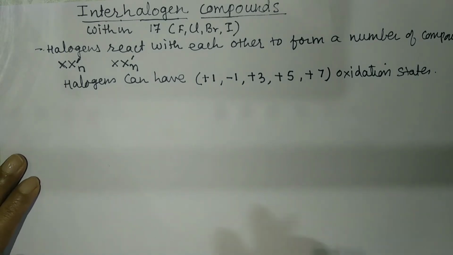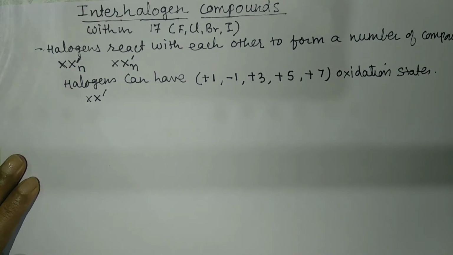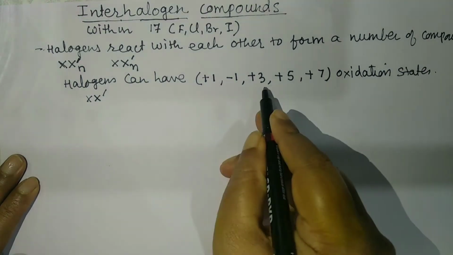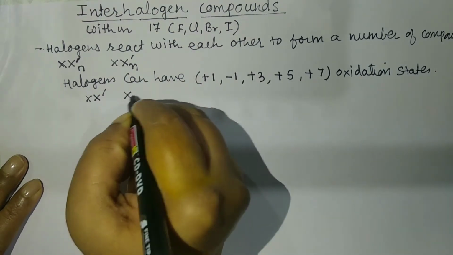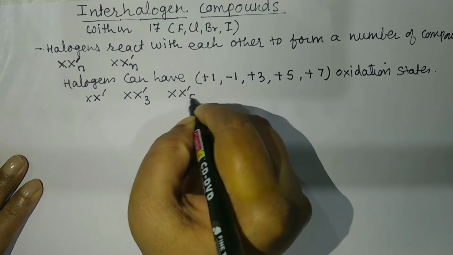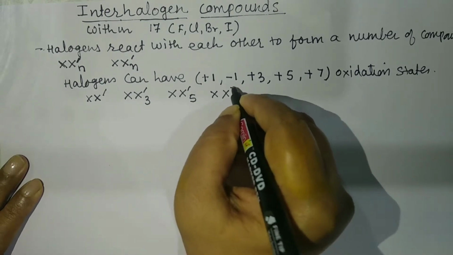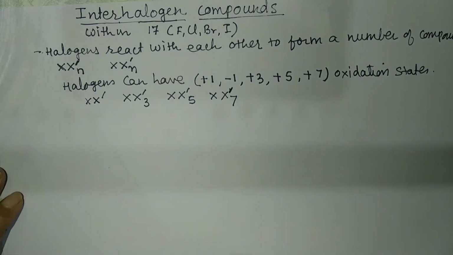The first type you can have is XX'. Second, if the oxidation state is 3, then the type of compound I can have is XX'3. Similarly, XX'5 and XX'7. So this type of interhalogen compounds can be formed.